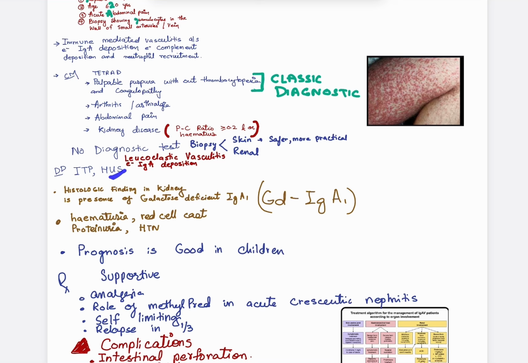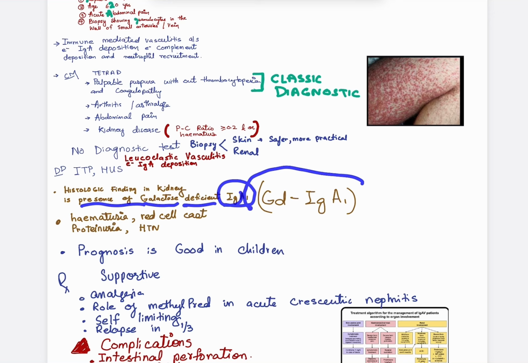The most characteristic finding associated with HSP, Henoch-Schonlein Purpura, is that the coagulopathy will be normal. There is no coagulopathy and there is no thrombocytopenia. Histological findings in kidney is the presence of galactose-deficient IgA1.